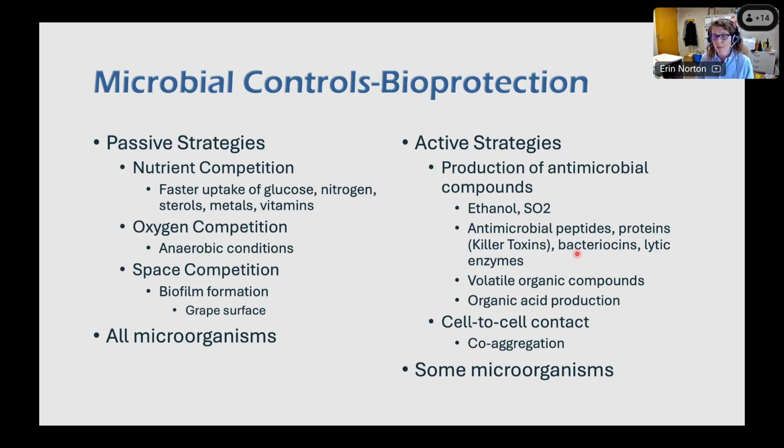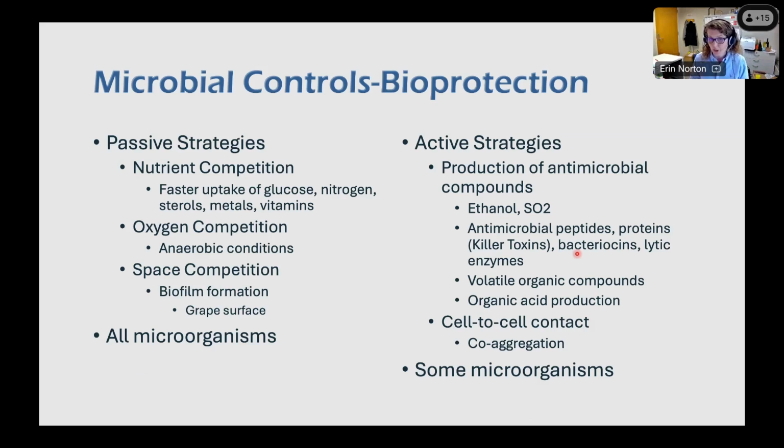Ethanol, they're producing ethanol. They're not producing ethanol because they want to protect themselves, they're doing that for a whole different reason of redox potential and things like that. But the side benefit of that is that it keeps a lot of microorganisms at bay.